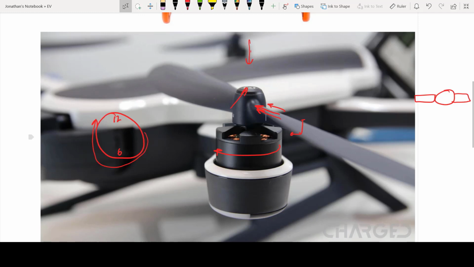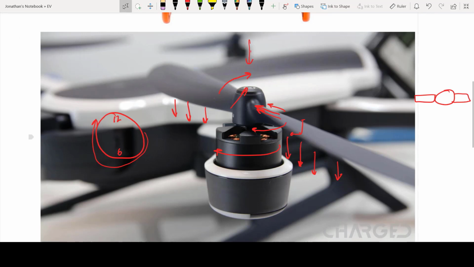So if this motor rotates in a clockwise direction, because of this angle here, once the blade starts moving this way, and similarly this blade starts moving this way, it starts pushing the air downwards. So it starts cutting the air and pushing the air downwards. Similarly here. Because of this, it generates something called lift.